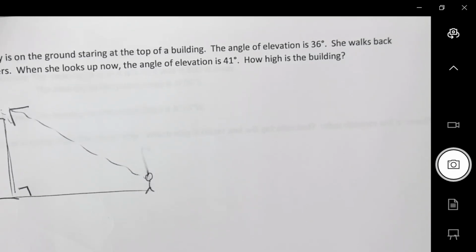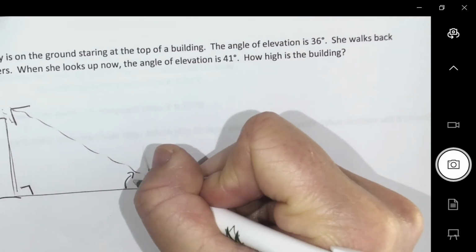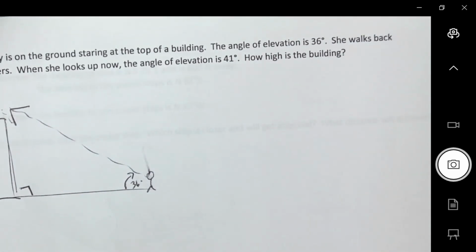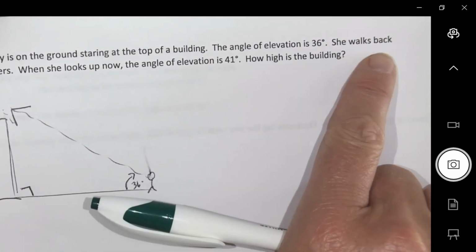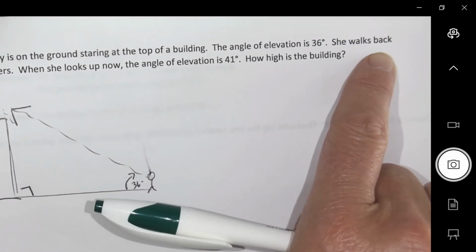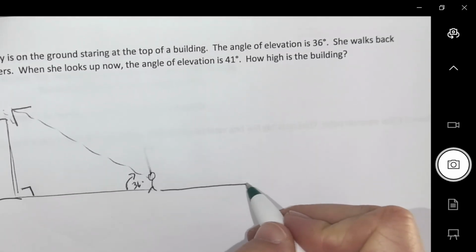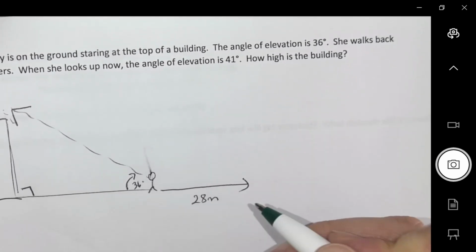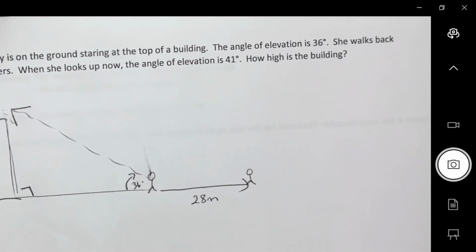She's looking up at it at an angle of elevation of 36 degrees. So from the ground, pivoting up is 36 degrees. She now walks back 28 meters, and now she's over there.